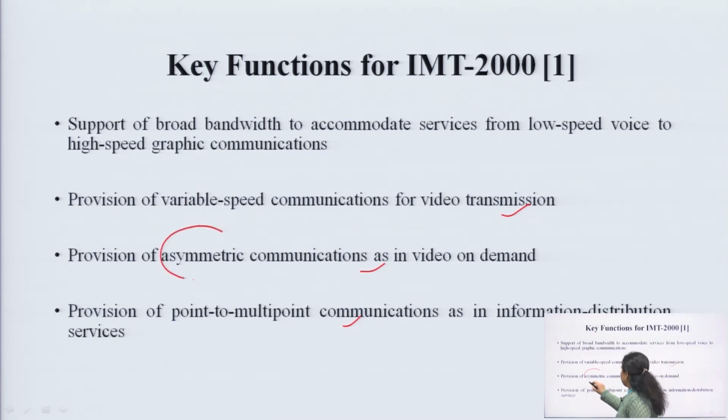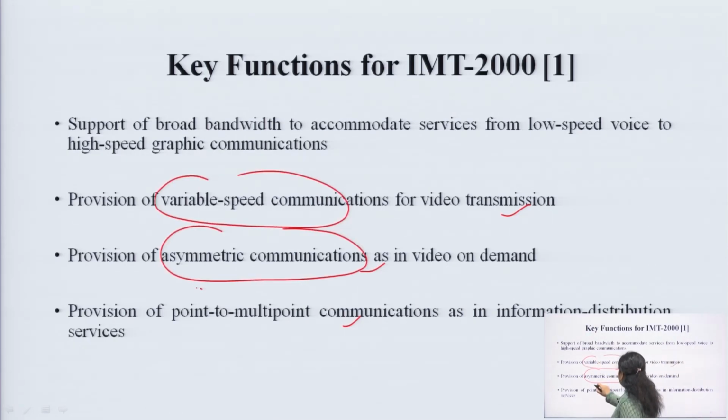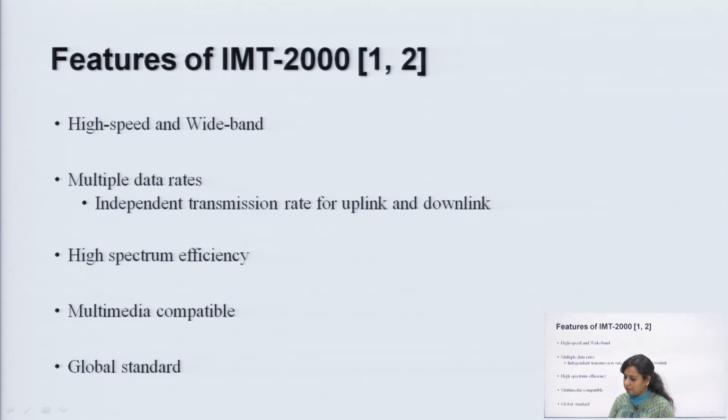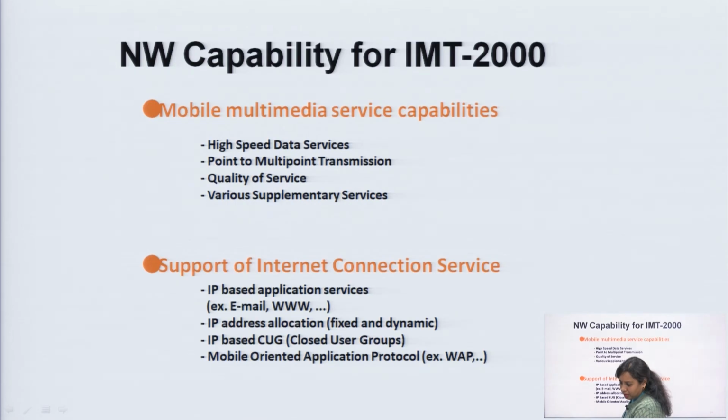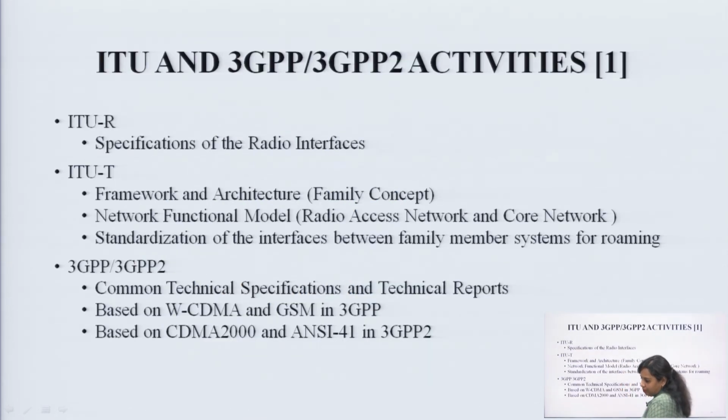So, these are some of the features related to this IMT-2000. Some other features are high speed and wideband multimedia compatibility, global standard, then ITU and 3GPP or 3GPP2 activities, where ITU is the International Telecommunication Union. These are topics I have already covered earlier in this lecture, that is ITU, ITU-R, 3GPP third generation partnership project, and 3GPP2 third generation partnership project 2.